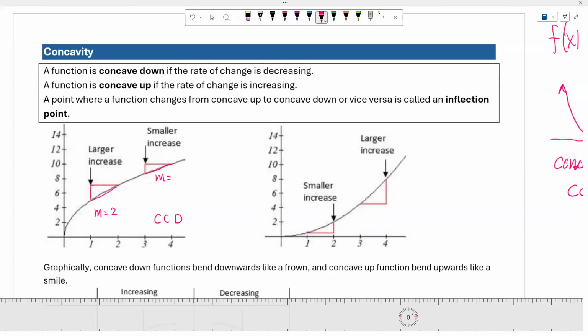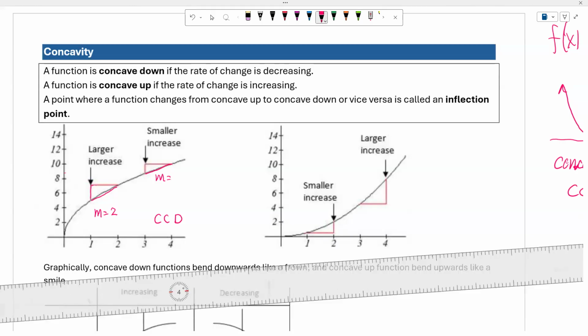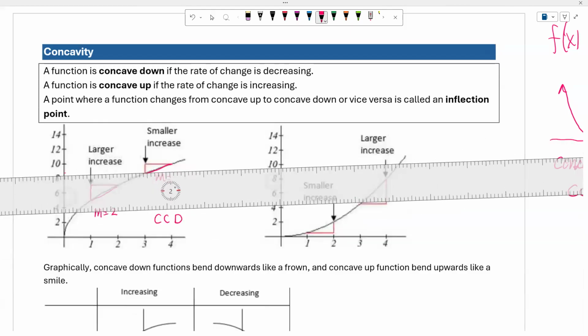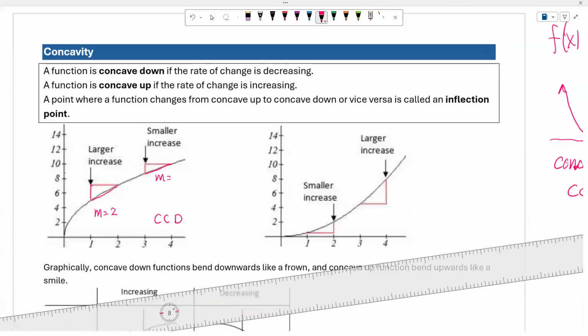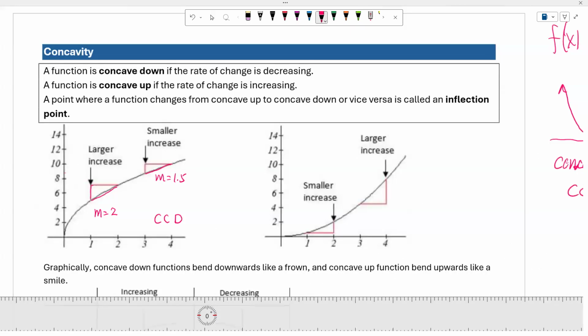In this case, it is about 1.5 over 1. Do you see that the slope, the rate of change, is decreasing from 2 to 1.5? So this curve right here is concave down.